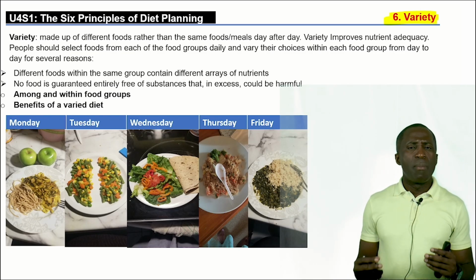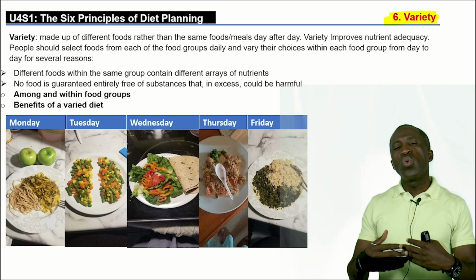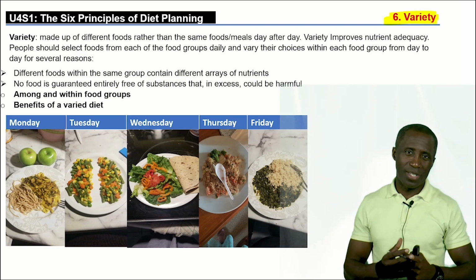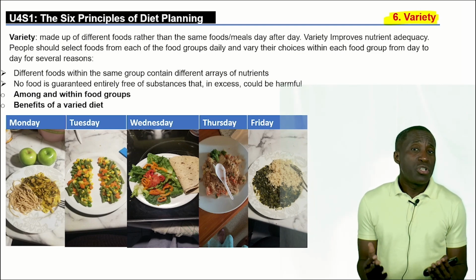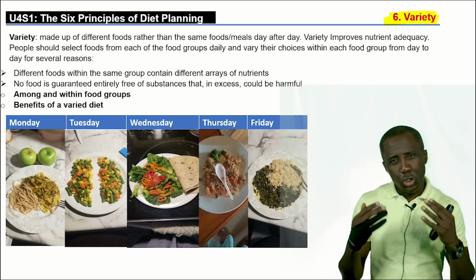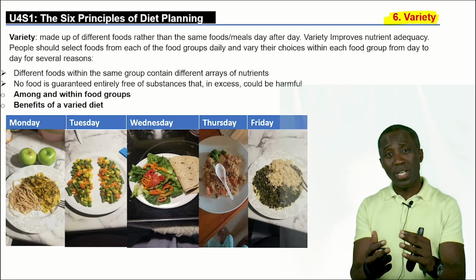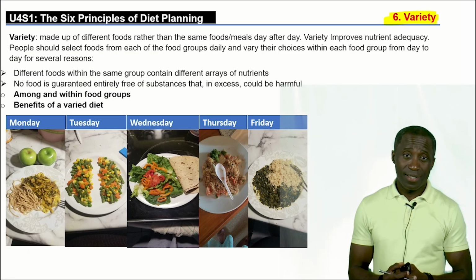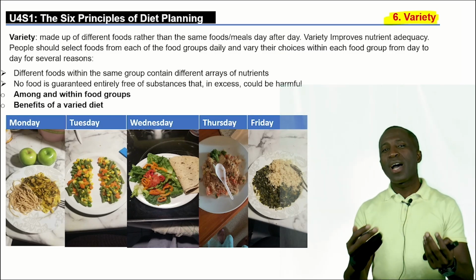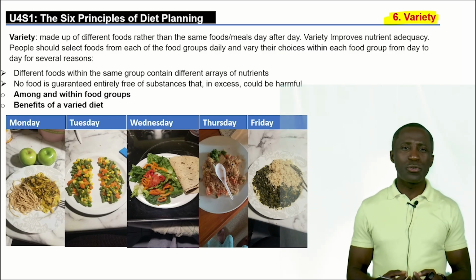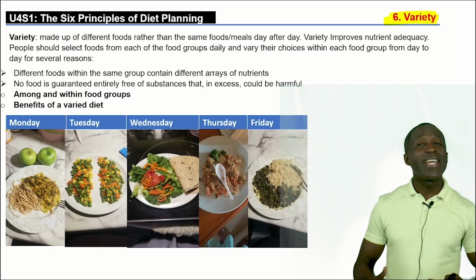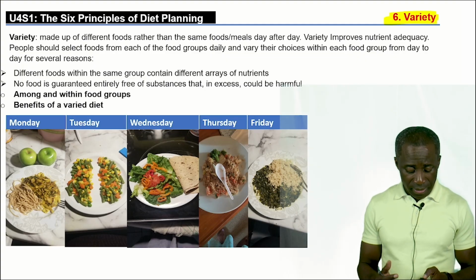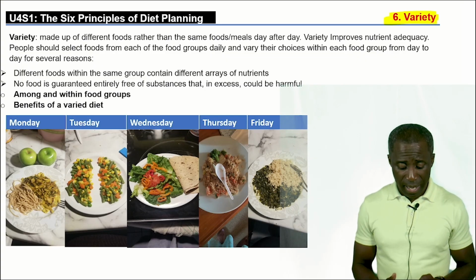Why is that? By doing so, you have a larger array of nutrients. Because the banana nutrients won't be changing. It's always going to be the same nutrients that we got from banana. But if you eat different kinds of fruits, then you have all kinds of nutrients available for you, and that will allow you to live a better life and a healthy lifestyle.